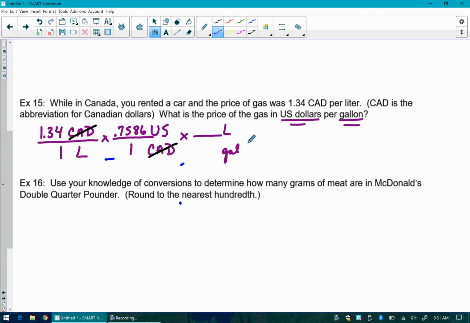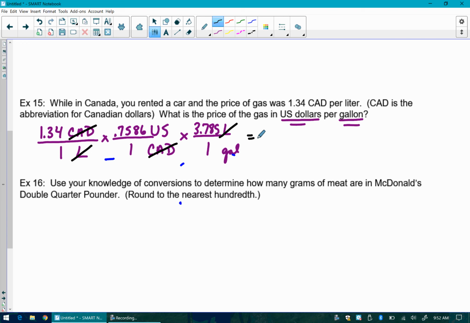It tells you that every 1 gallon, so my 1's going to be on the bottom, is equal to 3.785 liters. So 3.785 is associated with the liters. My liters are up top, so that's where the 3.785 goes. At that point now, my liters cancel out, and I'm left with US dollars per gallon, so I can stop.